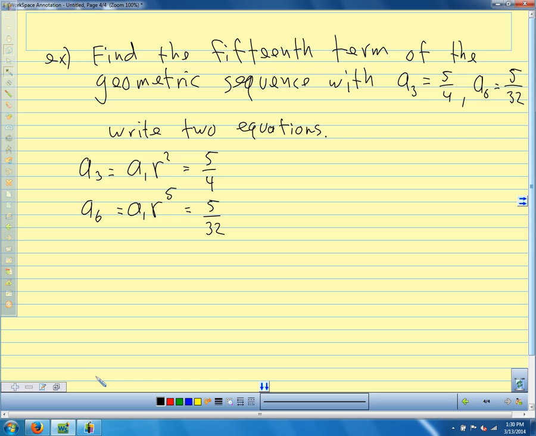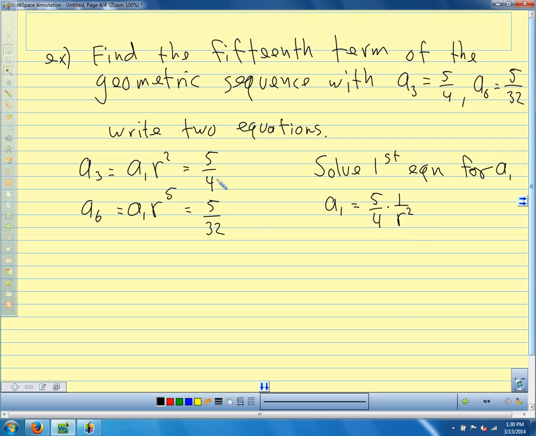I want to try to use a technique like we used the last time. So what I'm going to do is solve this first equation for a1. When I solve for a1 here, I get a1 equals 5/4 times 1 over r squared.